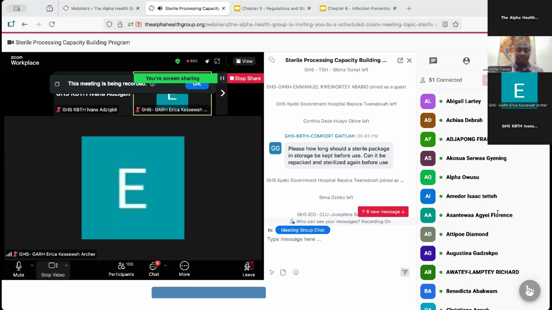Now here, since we don't have this IR fuse for these packages that we are wrapping, the facilities can all come together, and then we will come up with a policy that after 6 months of sterilization, if the instrument is not used, if there is no event related.